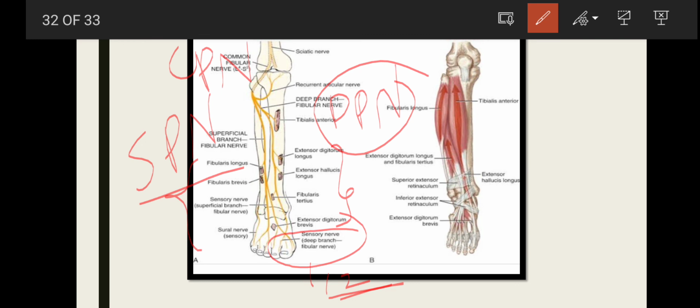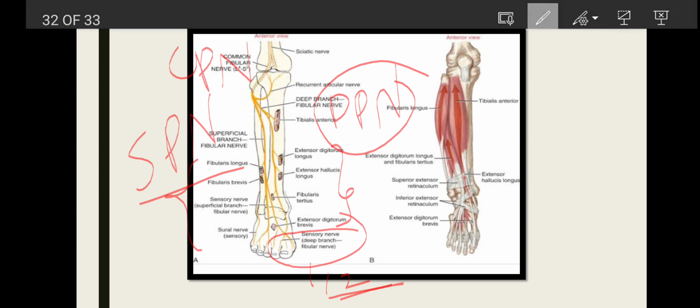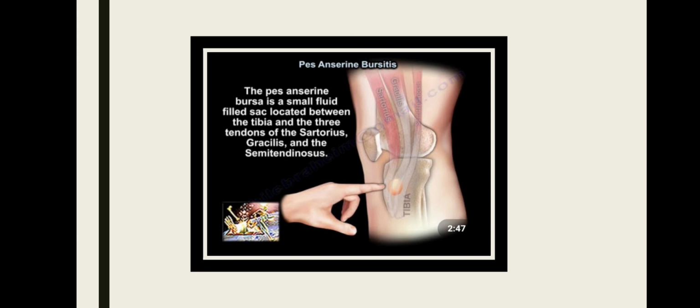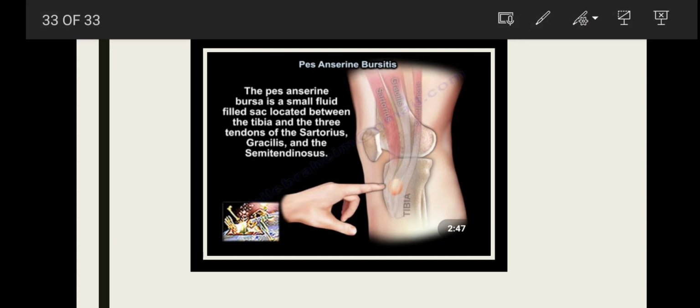Now there is one more thing to discuss here, the last one, that is known as pes anserine bursitis. What is pes anserine bursitis? We have already discussed the GST muscles: gracilis, sartorius and semitendinosus. There is a bursa present at the insertion of gracilis, sartorius and semitendinosus muscles.